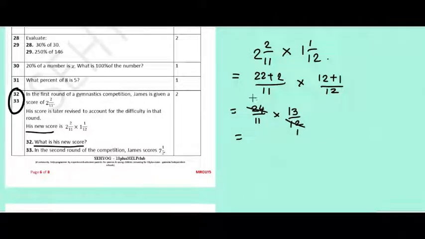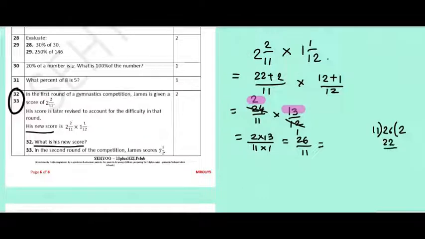So 12 divided by 12 and 24 divided by 12, and the remaining parts we have to multiply, numerator with numerator, denominator with denominator. So 2 times 13 by 11 times 1, 26 upon 11. This in mixed fraction, to find out, we have to divide it. 11 2s are 22 and 4 is remainder. So 2 whole number 4 over 11.